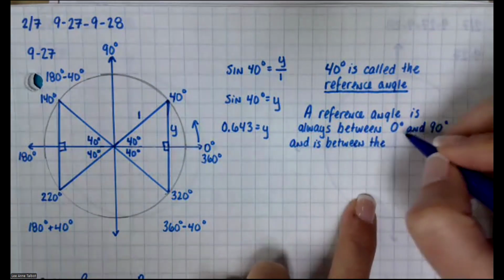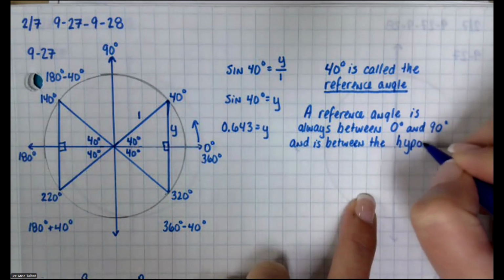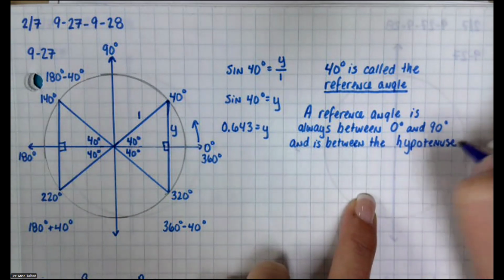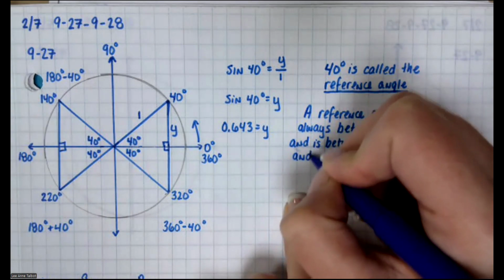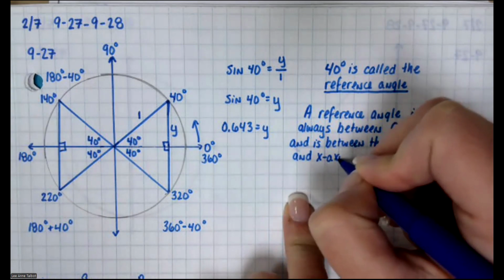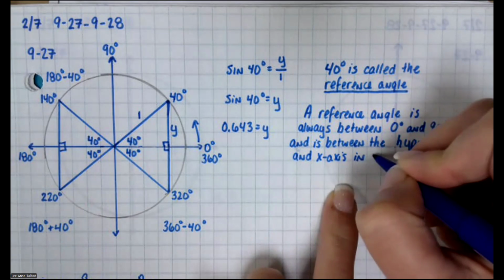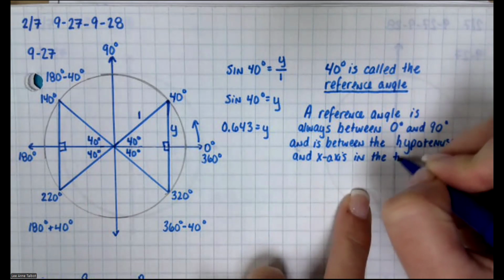And is between the hypotenuse and x-axis in the triangle.